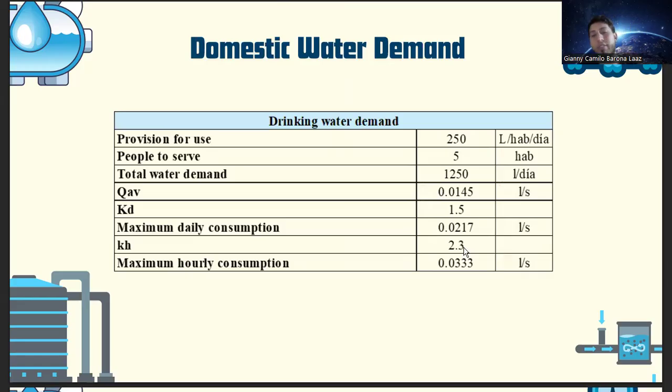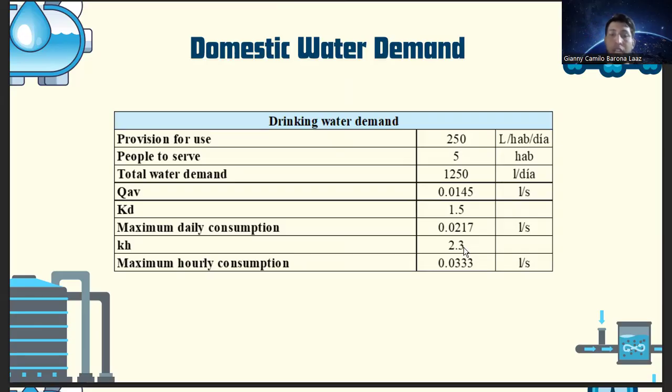In this case, we have a table for the domestic water demand. In this case, it was a drinking water demand, and we calculate provision for use, people to serve, and we calculate total water demand. For example, in this case we have 1,250 liters per day.